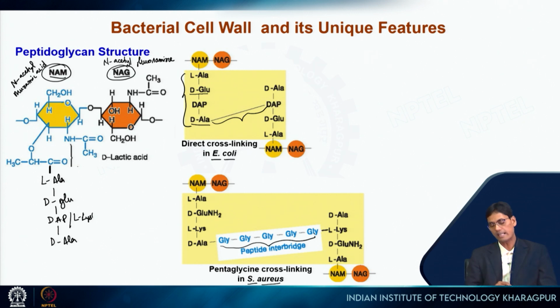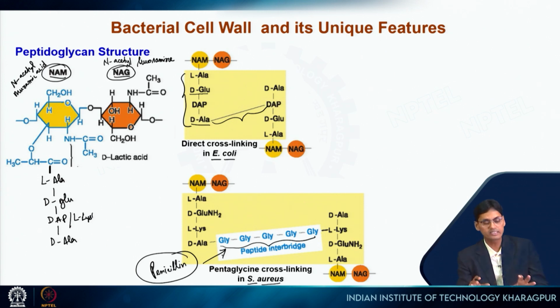Particularly the antibiotic penicillin or its derivatives stop this cross-linking process, and therefore peptidoglycan cannot be synthesized, and that's why it acts as an antibiotic.